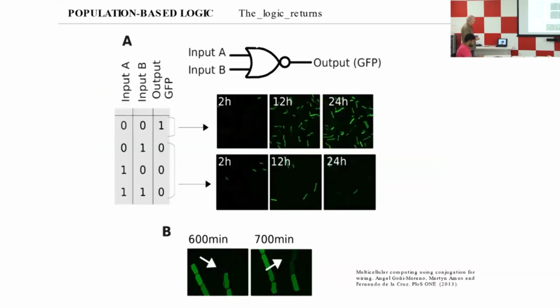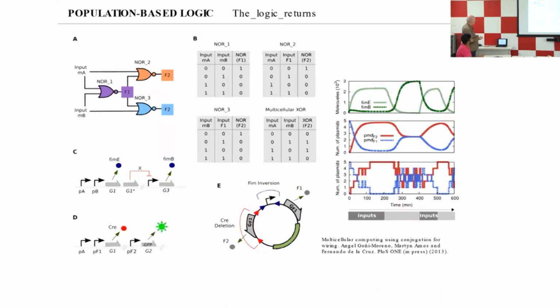Well, the other possibility is to play with conjugation, as I said, and then you can also implement logic gates on the basis of different types of conjugation, for instance this circuit here.